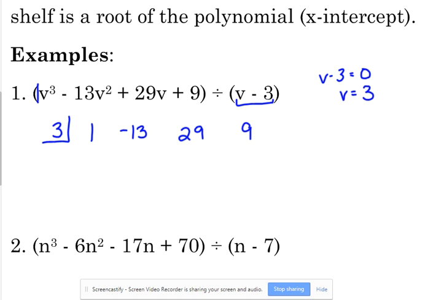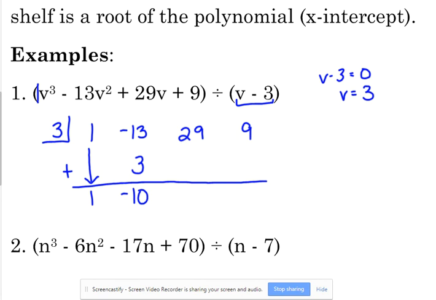So then you need to leave yourself a blank line and then draw a line. Leave a blank space because we're going to put some numbers there. Okay, here's the process. That first coefficient just comes down under the line. Then we multiply that number by the number on the shelf. So 1 times 3 is 3. We're going to add. Negative 13 plus 3 is negative 10.